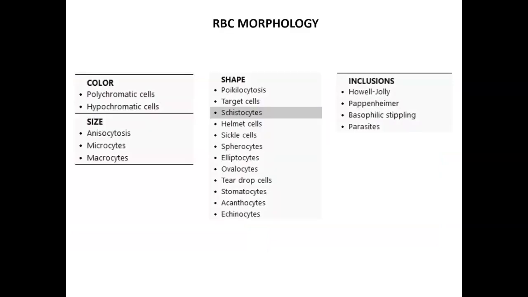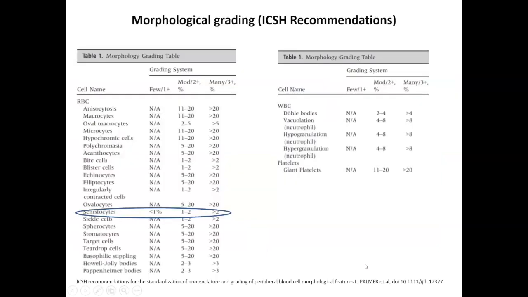Mainly, as I feel, it is important for WBC classification, but still RBC again is important. Why is it important? Because in RBC there are so many things to see, but we need to grade it. Why grading is important is because you need to communicate to the clinician what exactly you are seeing.